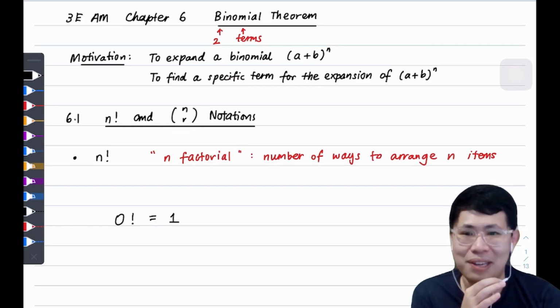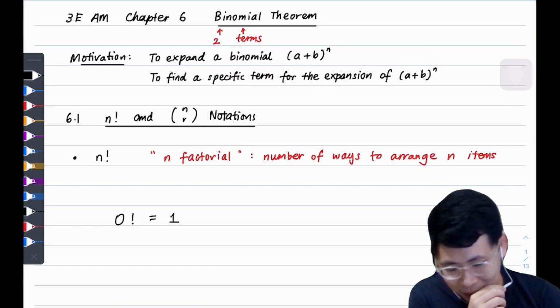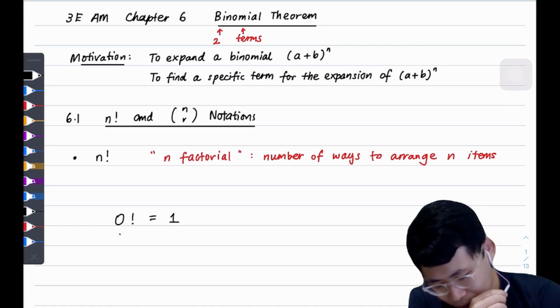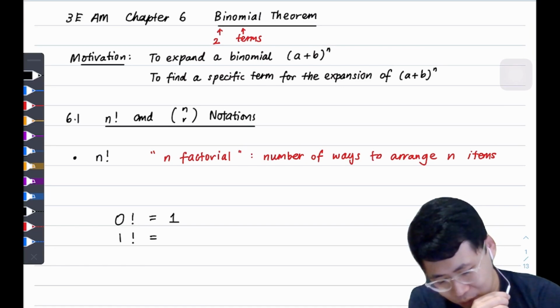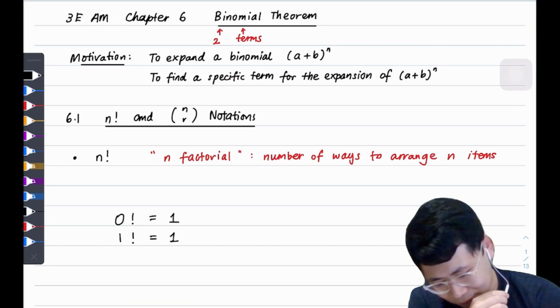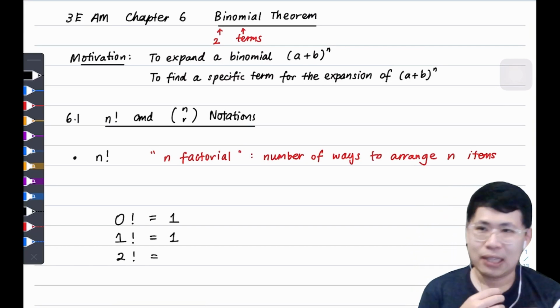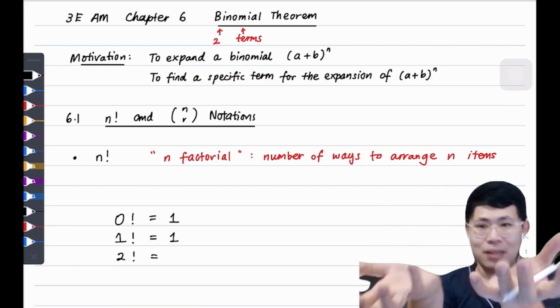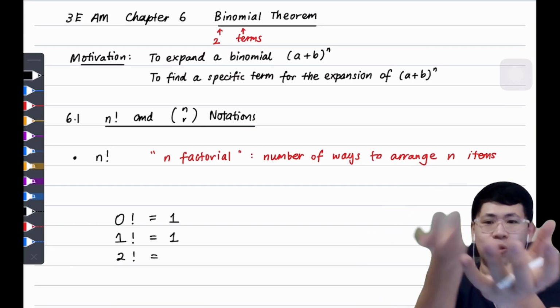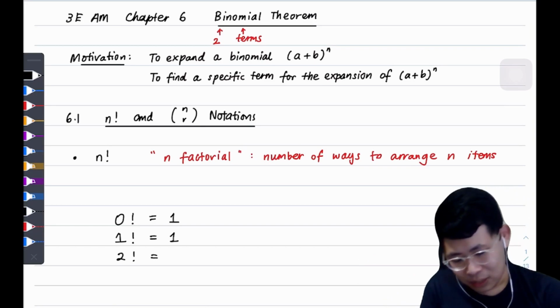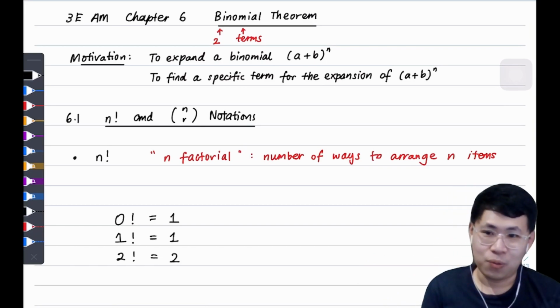Now what about the number of ways to arrange one item? This will be just 1. The number of ways to arrange 2 items: let's say I have one item A, one item B, it can be A, B, it can also be B and A. So there are 2 ways of doing so.